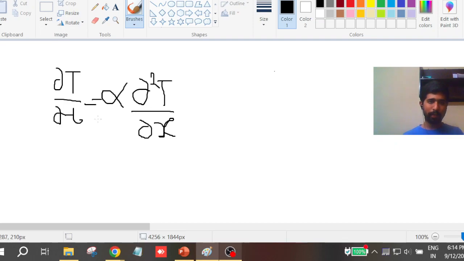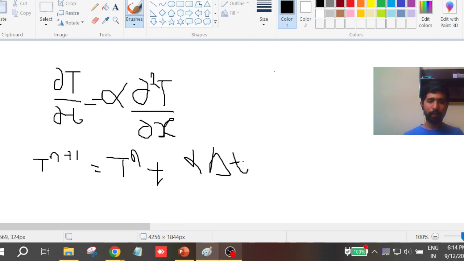When we discretized these equations, we directly wrote T^(n+1) = T^n + α Δt times the discretization written in terms of the nth time step instead of at n+1.